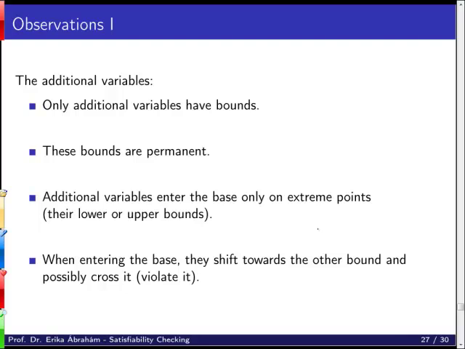In the other case, if I find a row where all non-basic variables are at their bounds and I cannot use them for pivoting, can it be the case that one of them are original variables?